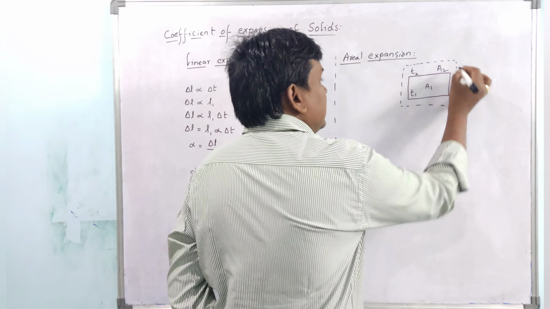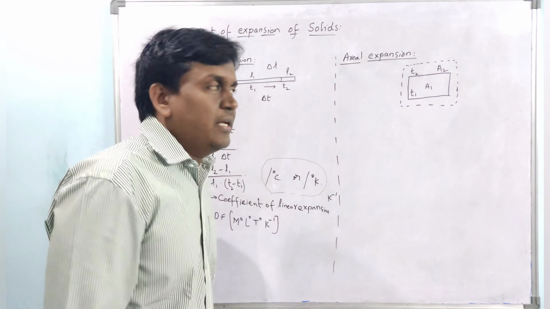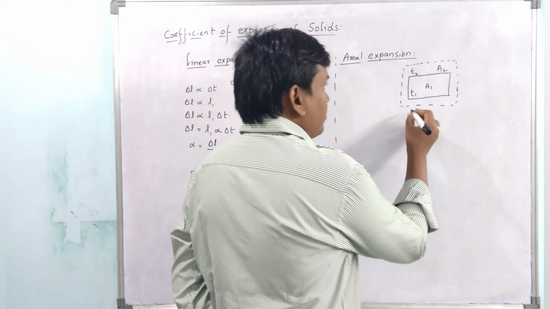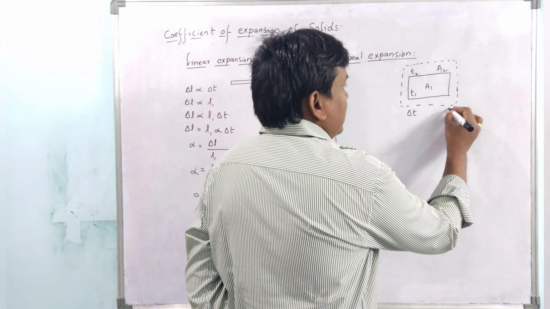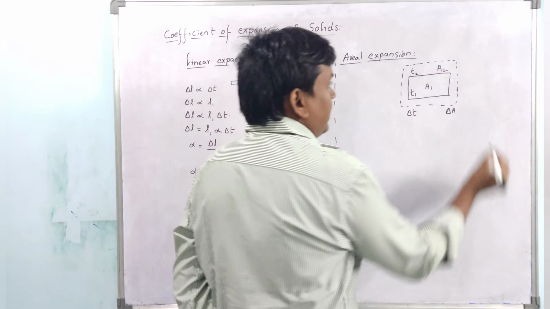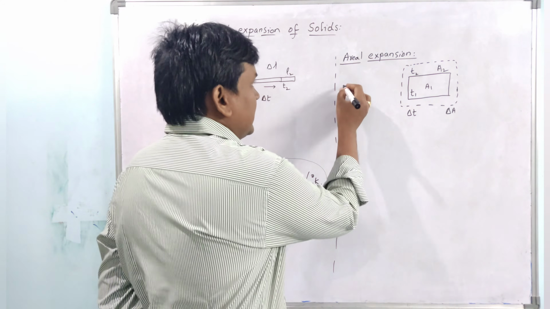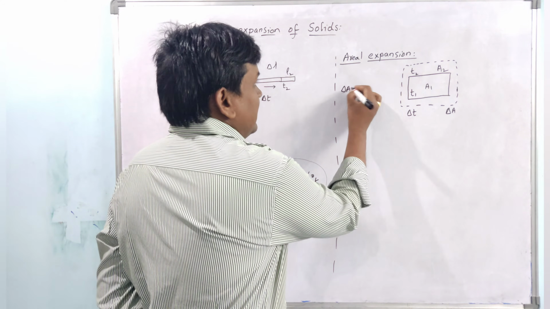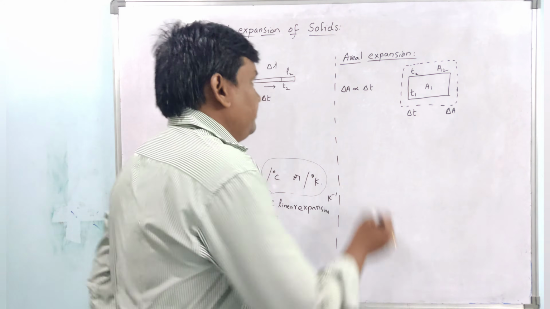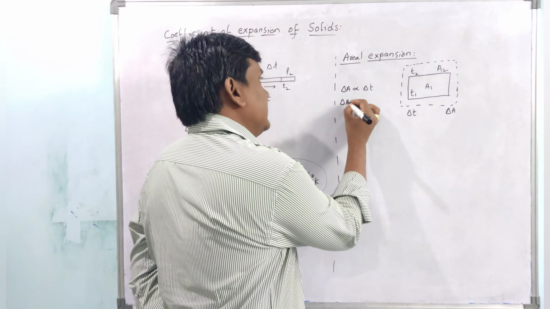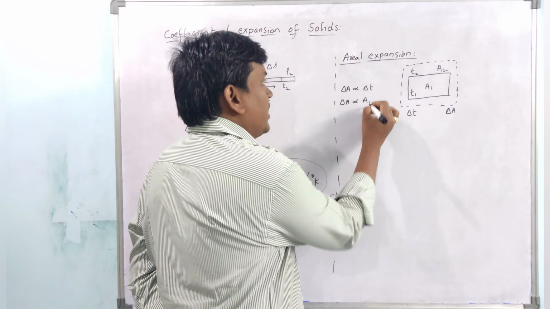The area is now A2. So due to the change in temperature delta T, there is a change in area delta A. We can write that delta A is directly proportional to delta T, and delta A is directly proportional to A1 also.